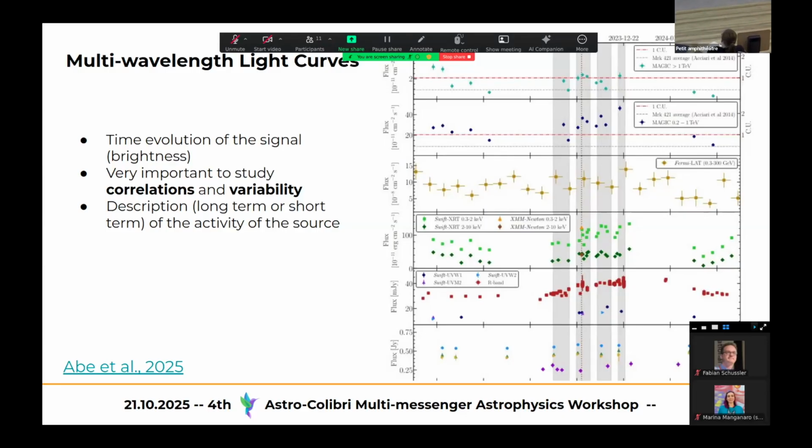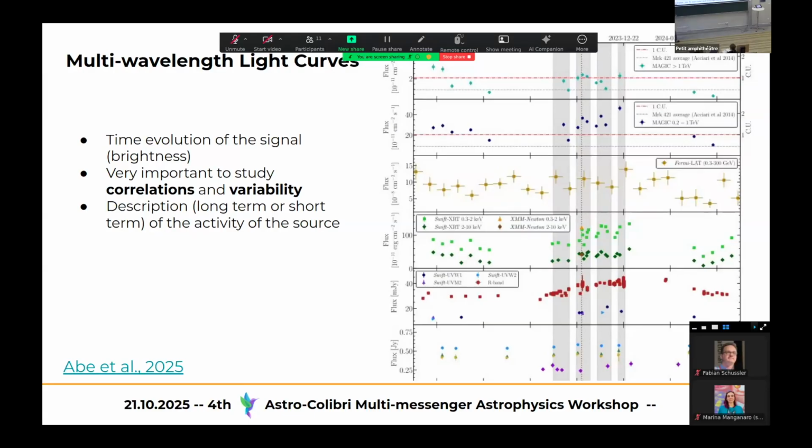So what is the problem here? When we collect multi-wavelength data, the main problem is finding those data. You want them to be as simultaneous as possible, which is already tricky. So there is a lot of work trying to put together all this data. A lot of data, as we have seen in the last days, are public, so this is easy to do.